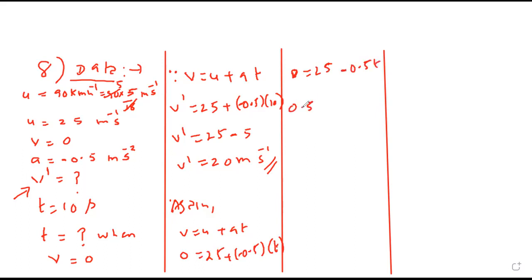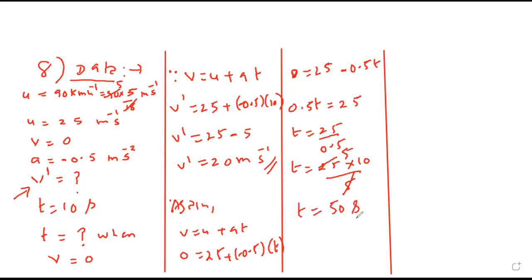So 0.5 t equals 25. T is 25 upon 0.5. Is 0.5 half, can I write it as 10 upon 5? Yes, sir. So time t is 50 seconds.